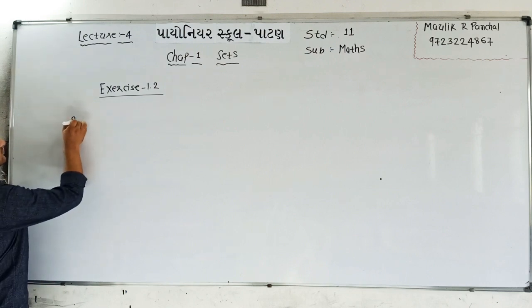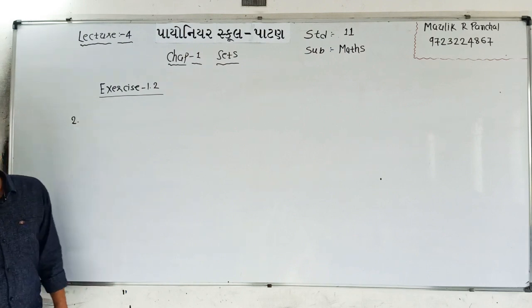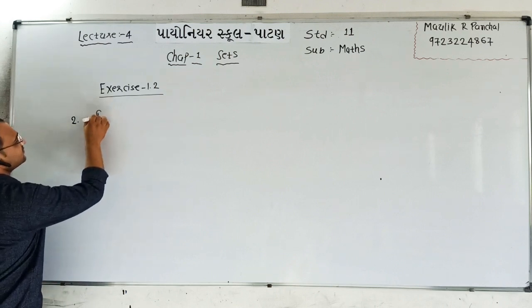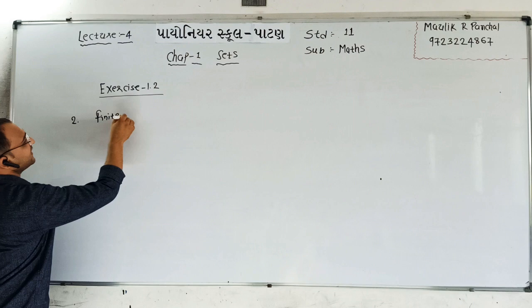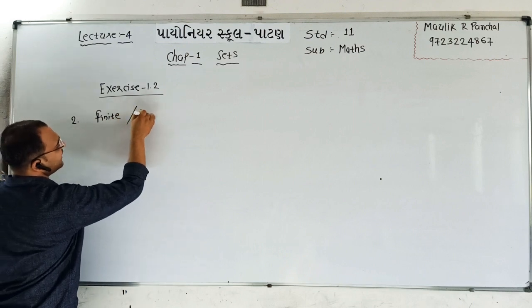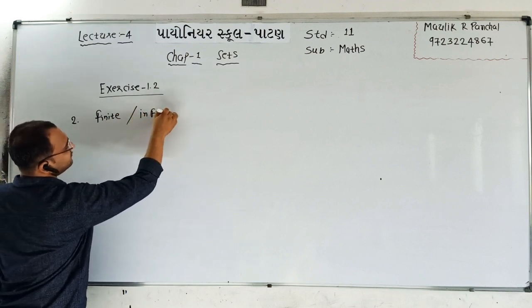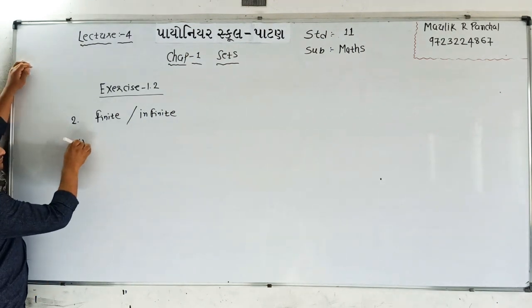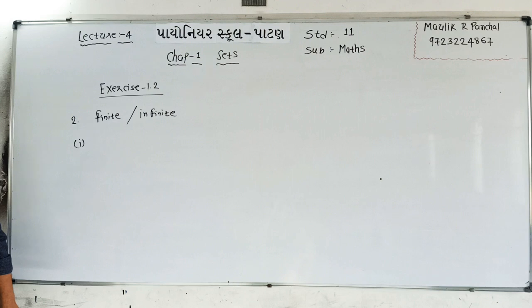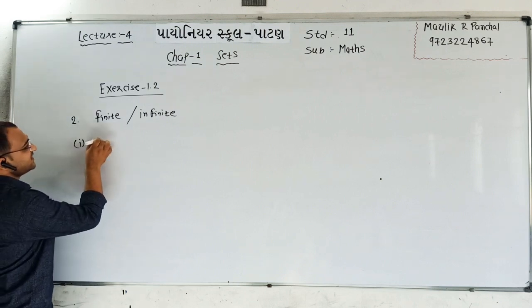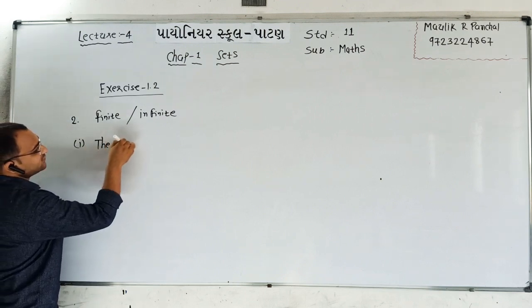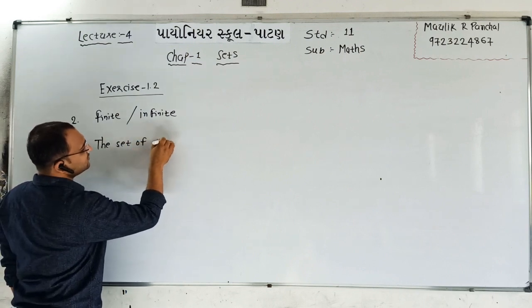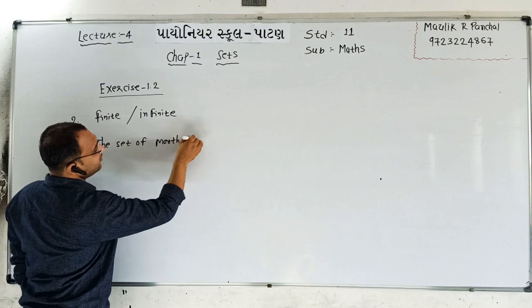Second question: which of the following sets are finite or infinite? We find finite or infinite sets. First question, the set of months of a year.